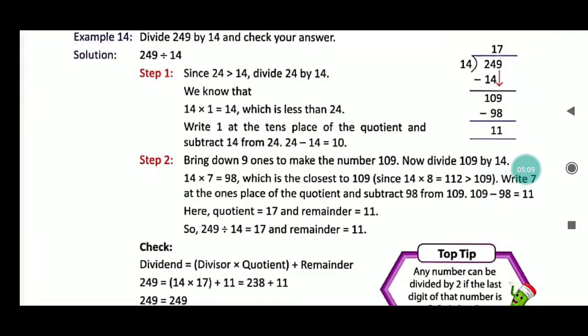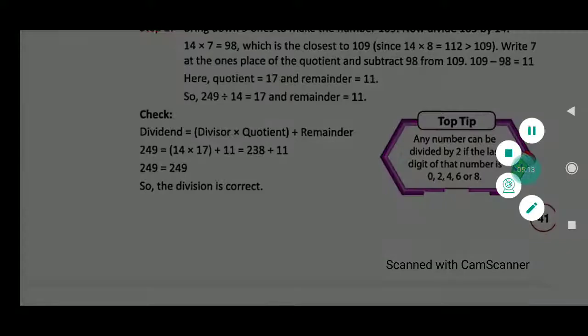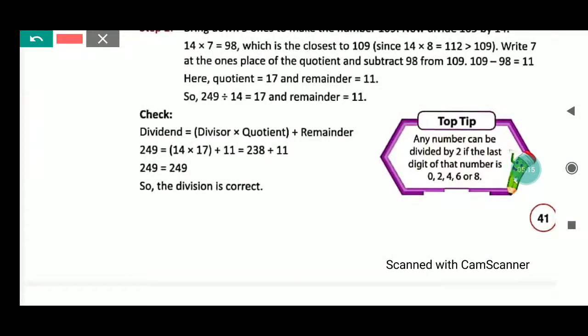Now we will check whether the answer is right or wrong. For that checking we require a formula. Learn this formula so that it will be easy for you to do the sums. The formula is: dividend equals divisor into quotient plus remainder.